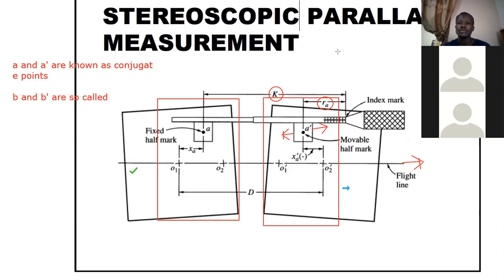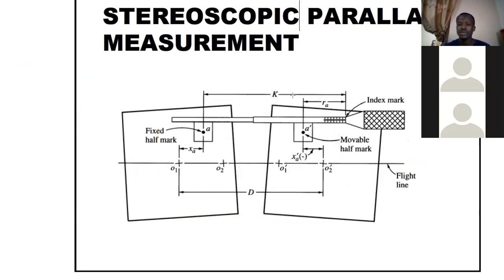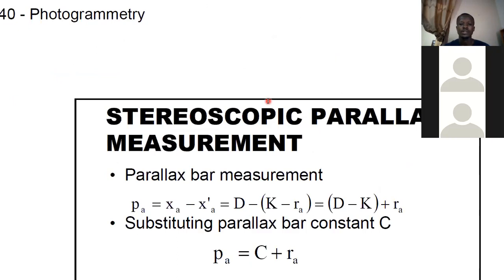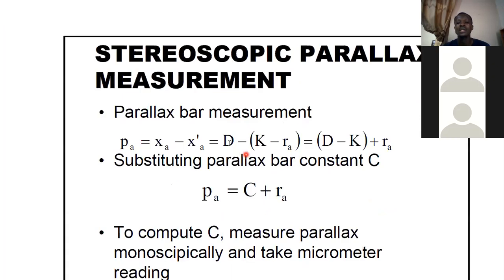All right, so a few formulas can be derived. We can actually do a certain derivation. Since parallax is xa minus xa prime, we can also say that it's equal to D minus K minus the reading.